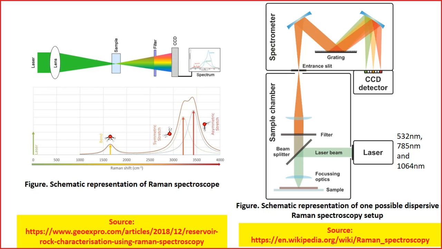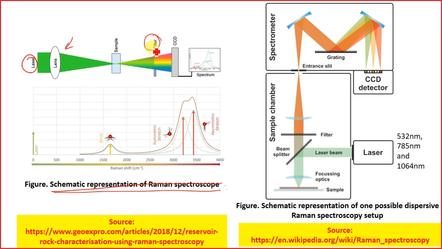So this is the schematic representation of a simple Raman spectroscope. Over here we are having a laser. The laser is manipulated so that a concentrated laser beam falls onto the sample, and at 90 degrees we collect the light information that is being transmitted.